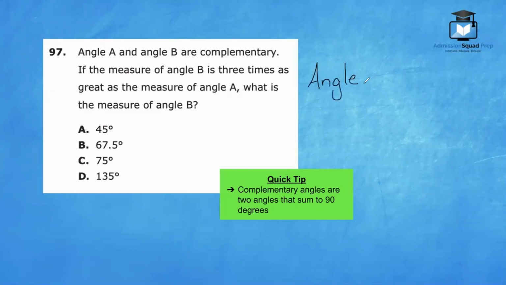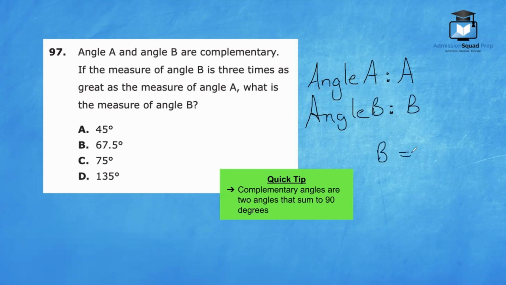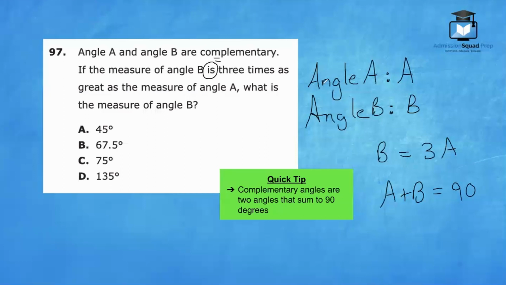We can call angle A, it's pretty straightforward, and we can use the variable B to represent angle B. The problem states that the measure of angle B is, so that's our equal sign, 3 times as great as the measure of angle A. So B equals 3A. We also know that A plus B is 90 degrees because the two angles are complementary.